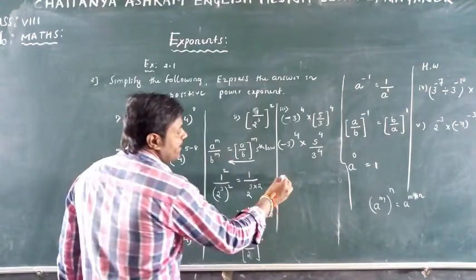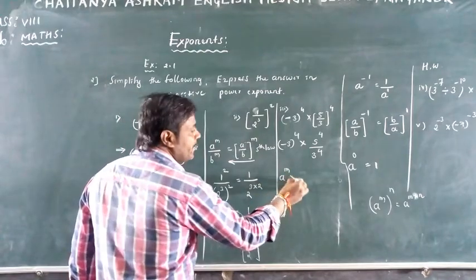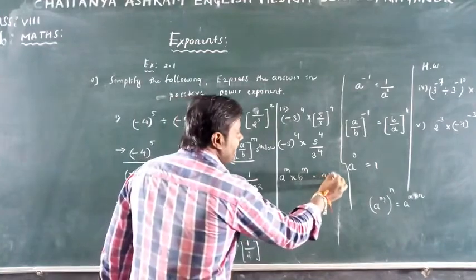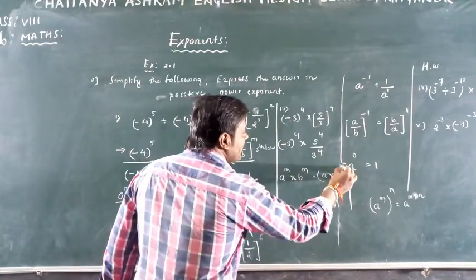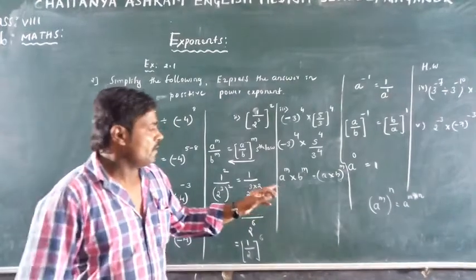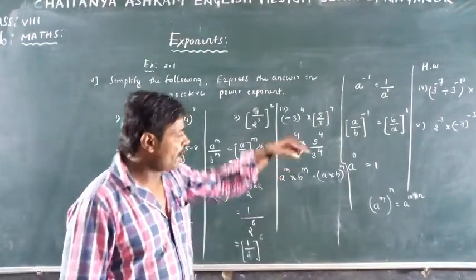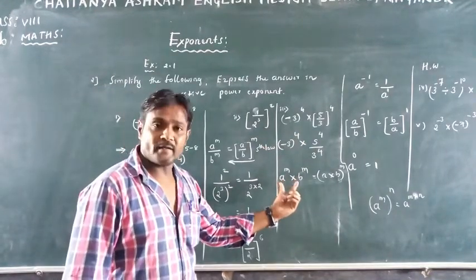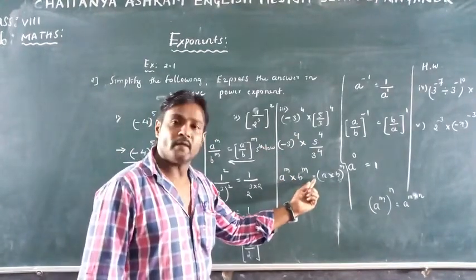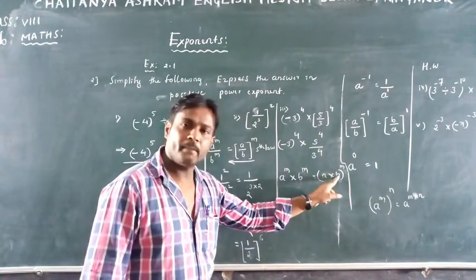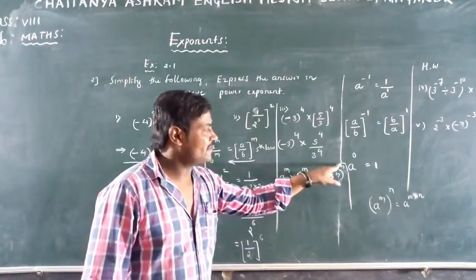That is A raised to the power m into B raised to the power m is equal to (A into B) raised to the power m. Fourth law of exponent it is. Product of two exponents having same powers, different bases. Product of such exponents is same as we multiply the bases, that is A into B, and write the power as it is.